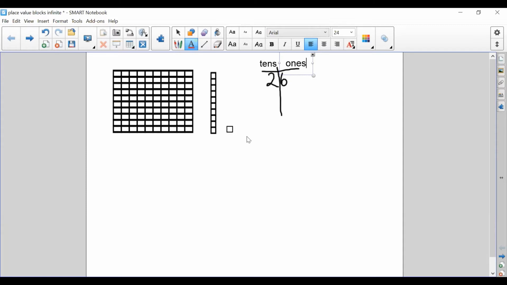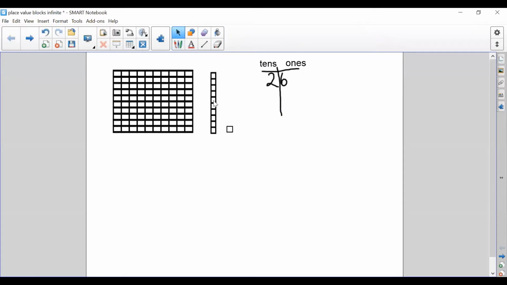So we can first show 2 tens. There's a 10, and there's a 10. And then how many ones? That's right, 6. Now, if you don't have your tens blocks and little ones cubes, then you'll be drawing quick pictures.